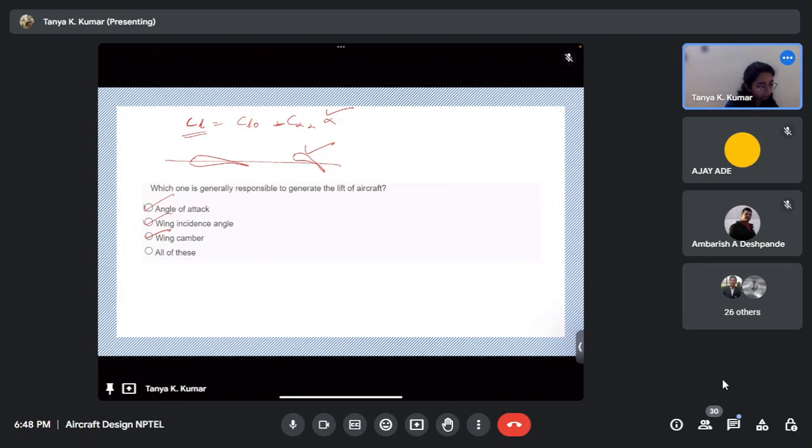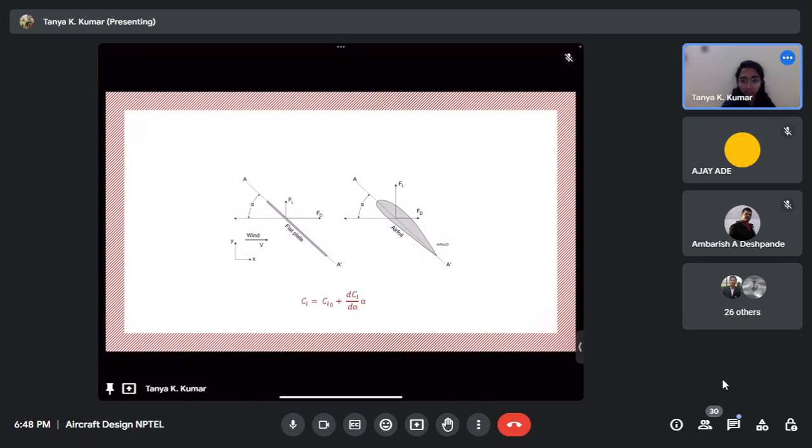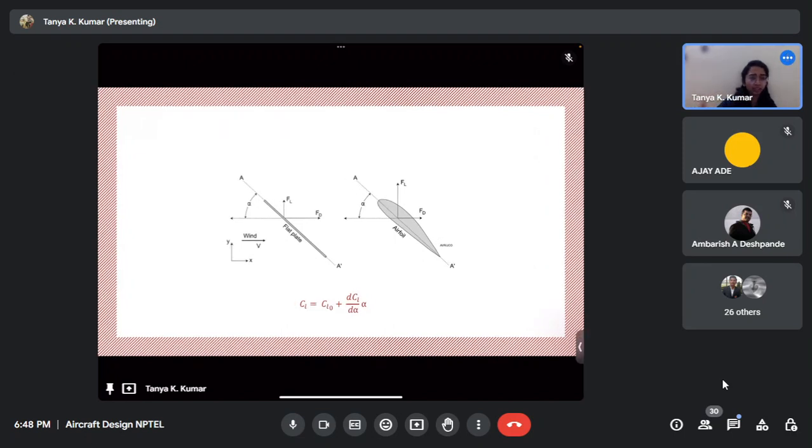Okay, so this was just an example. This shows that even if you move a flat plate in the oncoming velocity, it produces lift, right? What is the difference between these two cases, a flat plate and an airfoil? Why is the airfoil better? We just discussed that the pressure difference is more.